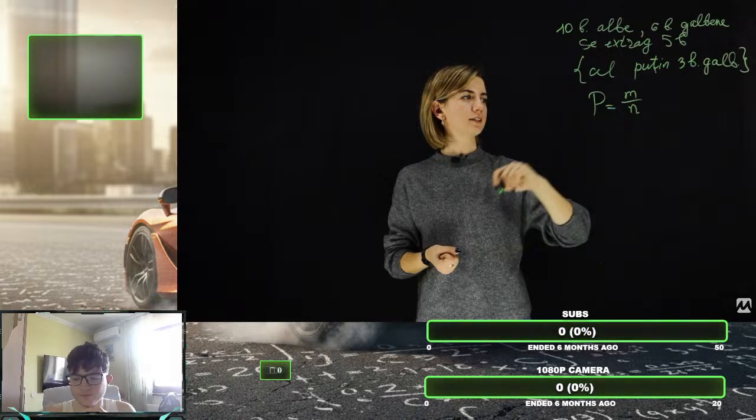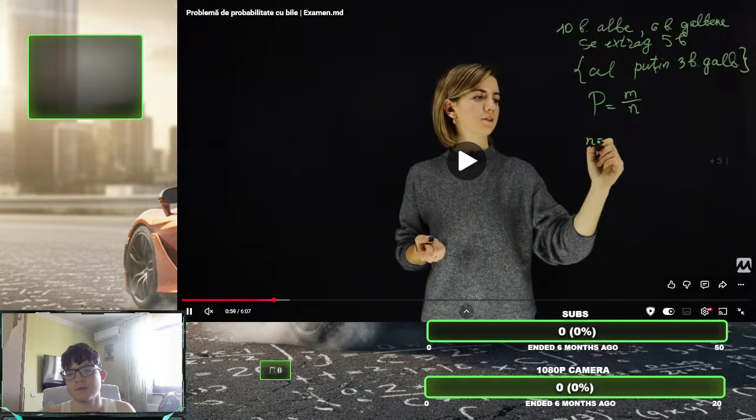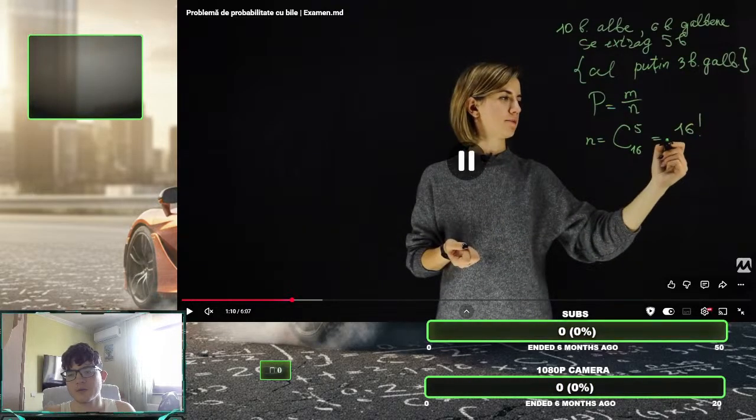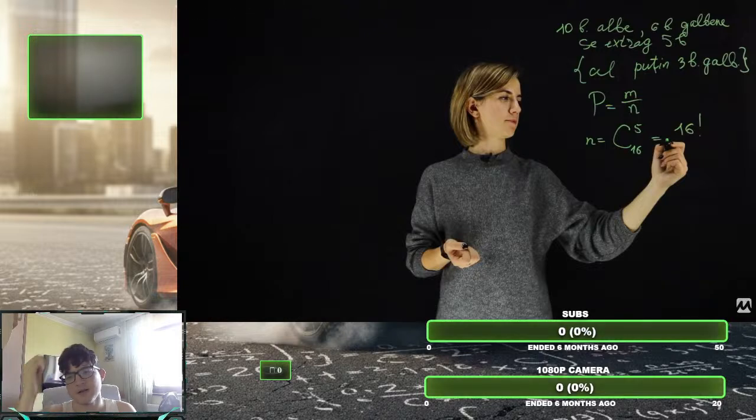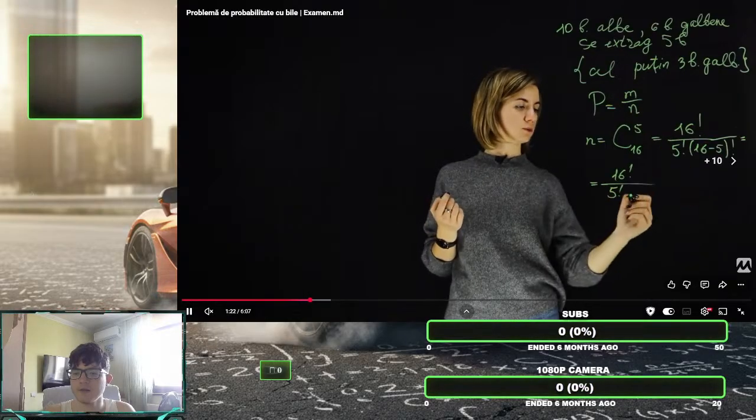So what I need to do is this: total number of cases. We have in total 16 balls and 5 are being extracted, so C, 16 below and 5 on top. So we can solve that: 16 factorial over 11 factorial and 5 factorial.